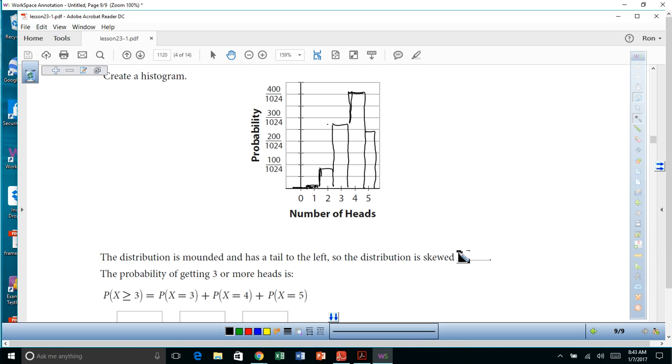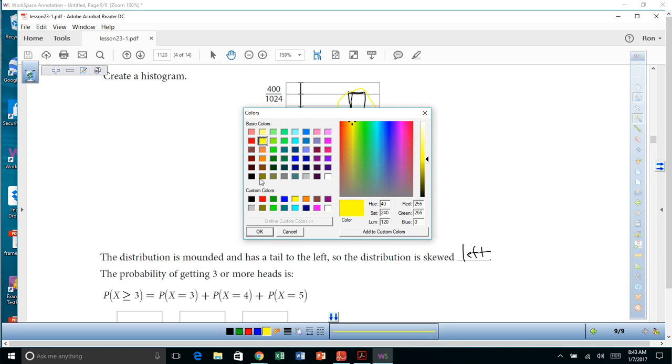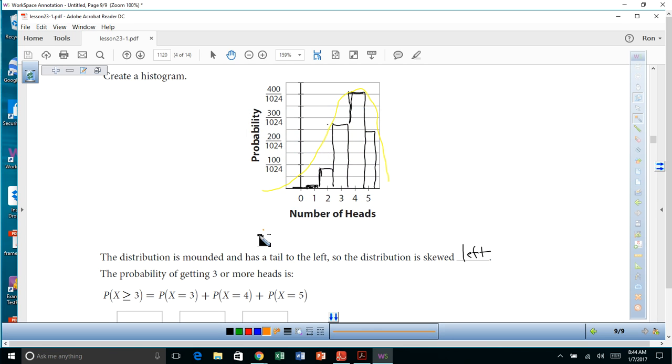So the distribution is skewed left. And you'll notice it goes sort of like this. So you got a longer tail to the left, so it's skewed left. How about some UT orange? There we go. That's a little easier. Okay, so the longer tail, so it's skewed to the left.